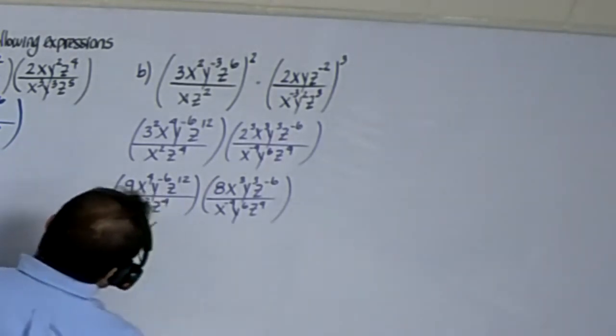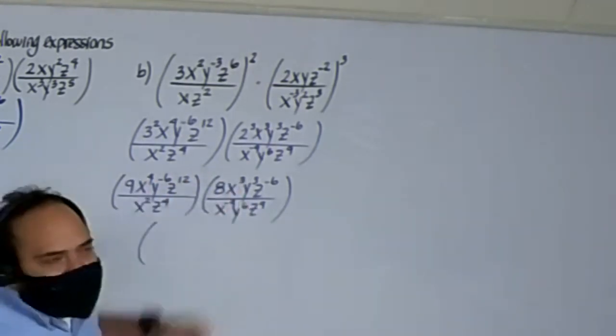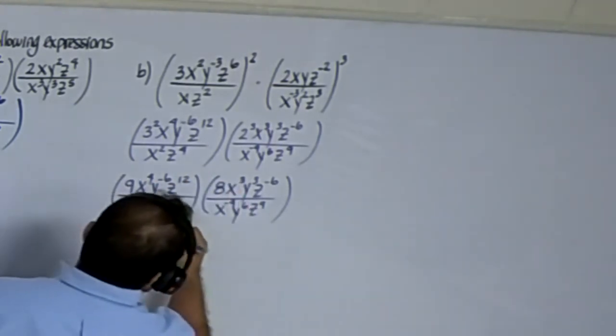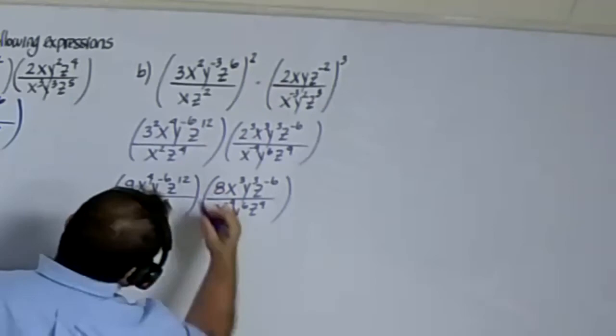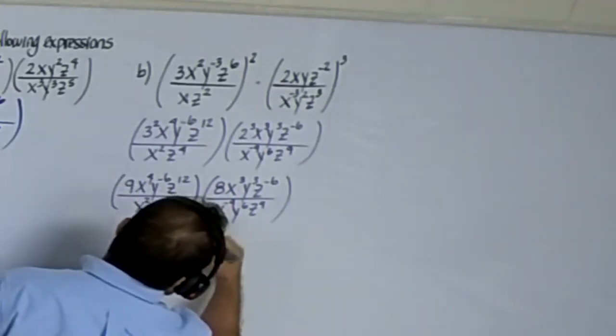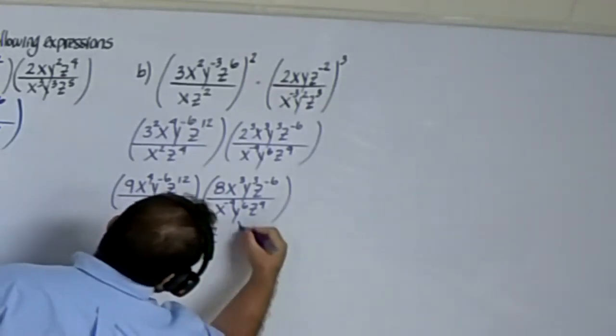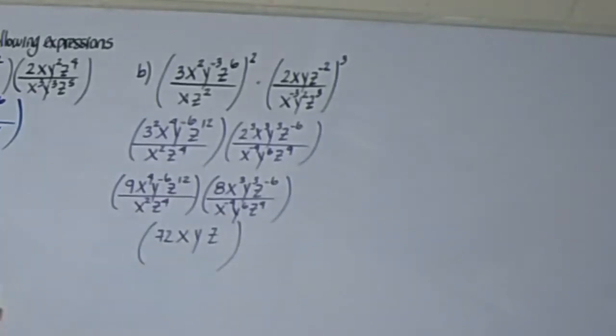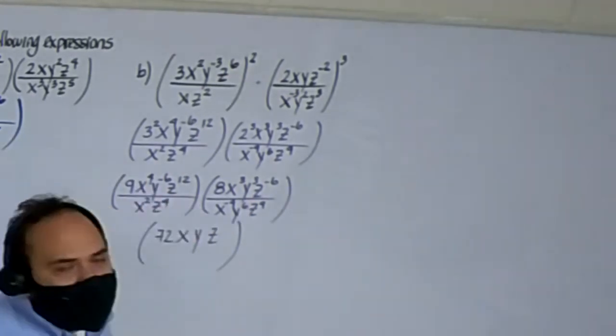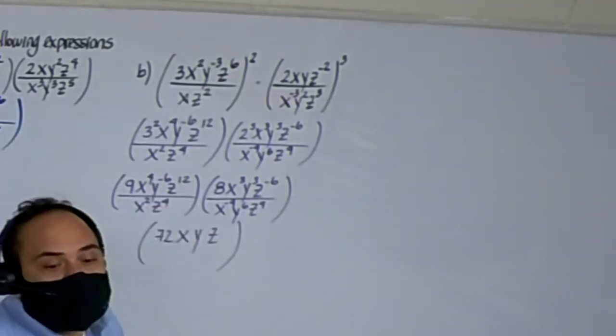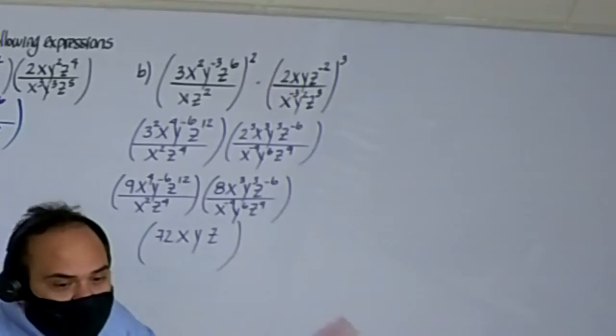So what does that mean? 9 times 8 will be 72, right? I'm going to copy the x, y, and z. And remember, we're supposed to copy the base and add the powers. For example, the first one, 4 plus 3, 7.